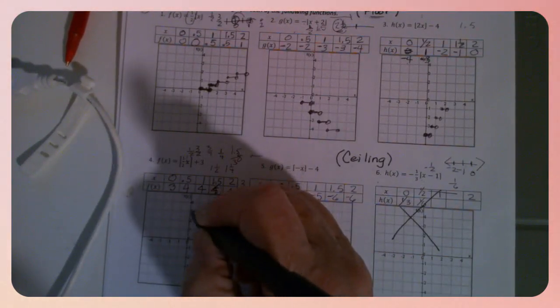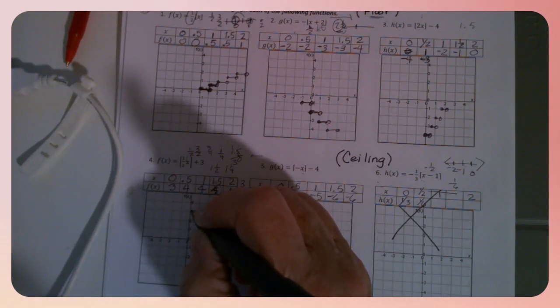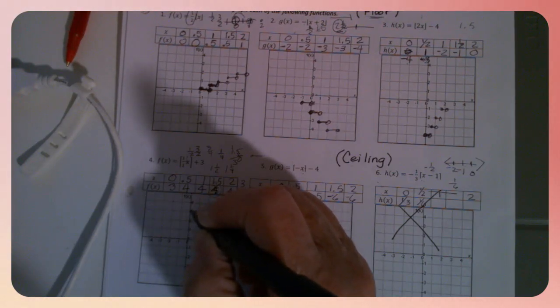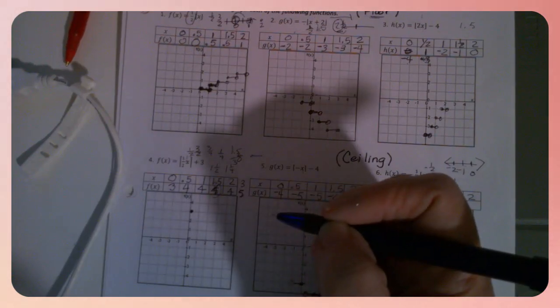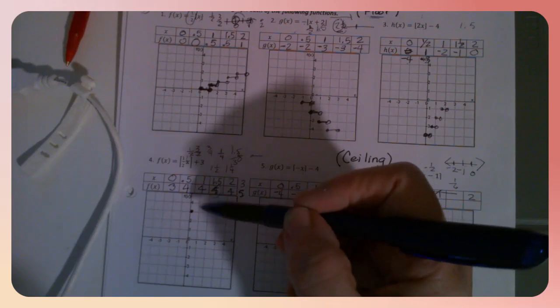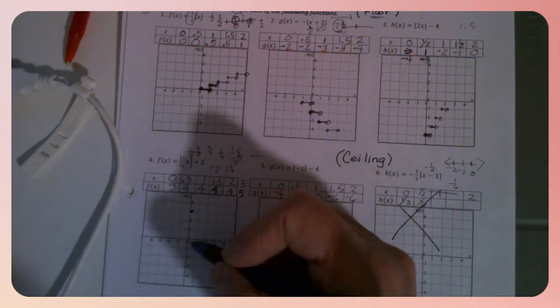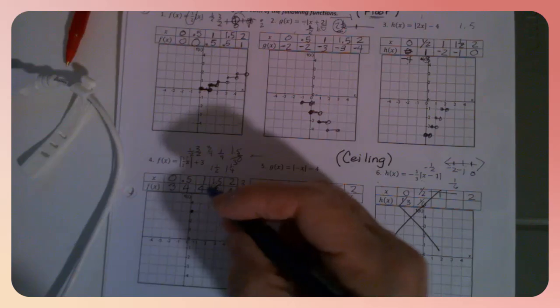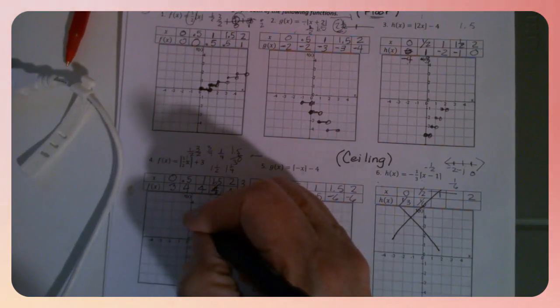Ceiling function is going to start off solid on the left, and then it's going to be open. I'm sorry, solid on the right, and it's going to be open on the left. All right, so at 1/2, we're going to jump up to solid on the right, and it's going to be open on the left.